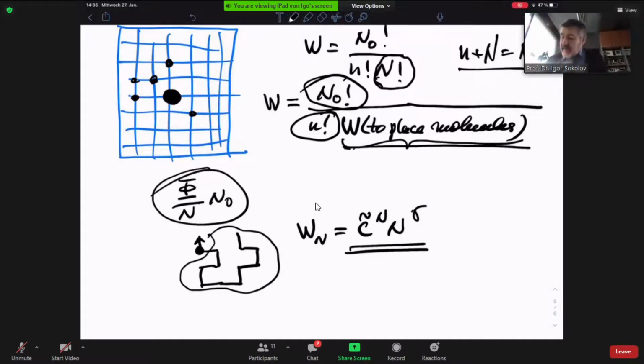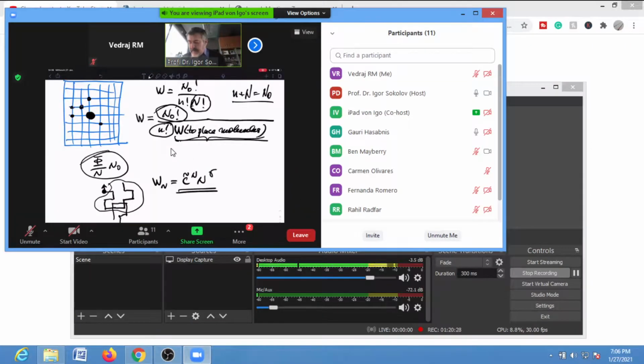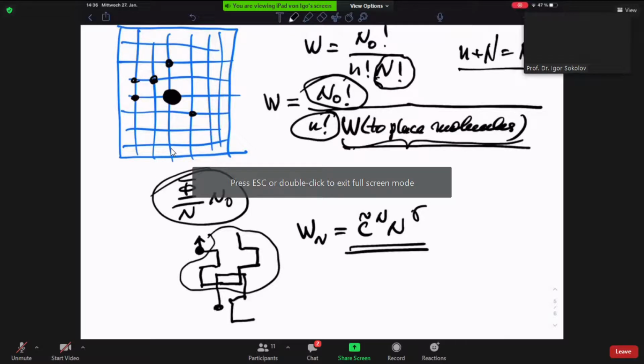And this is essentially a constant. So I can now place here my approximation. I fully neglect the fact that I have to prevent the molecules from crossing, and I only consider something like this.